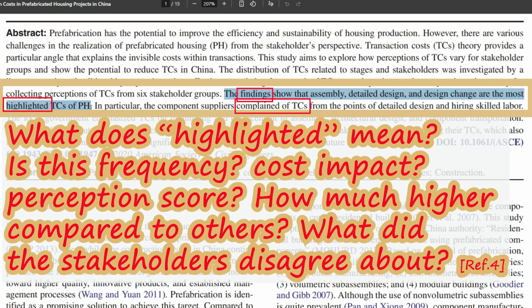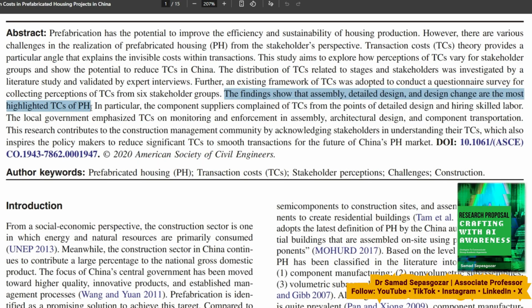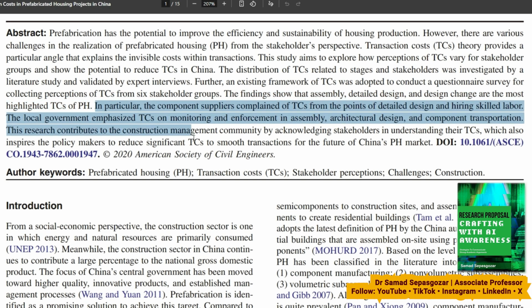We don't know many of them, as a reader. So even the stakeholder-specific findings are general. Whatever is related to stakeholders is mentioned in this abstract, but it's not really actual insights. For such a multi-method study, this level of detail is not enough for readers.